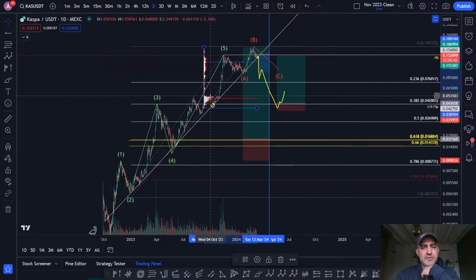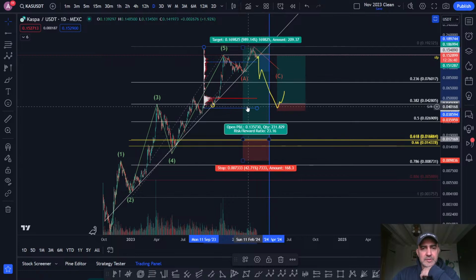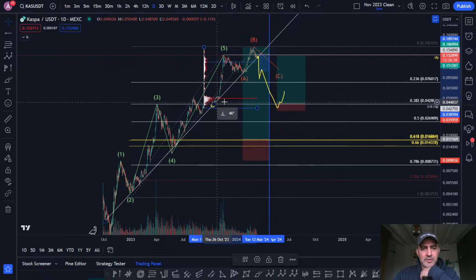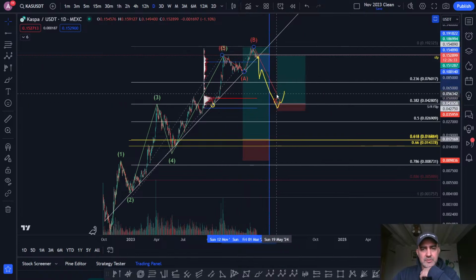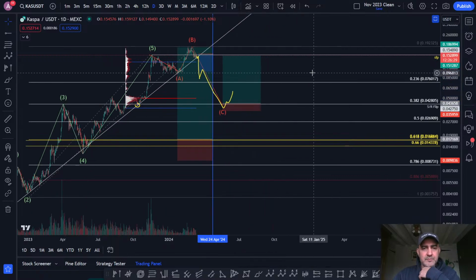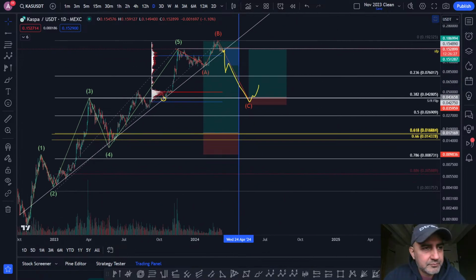Yeah, that'd be nice because you've got the point of control there as well, into the value area low of this upper range. Is that possible? Nice though.